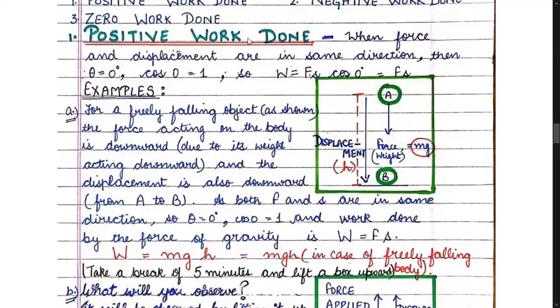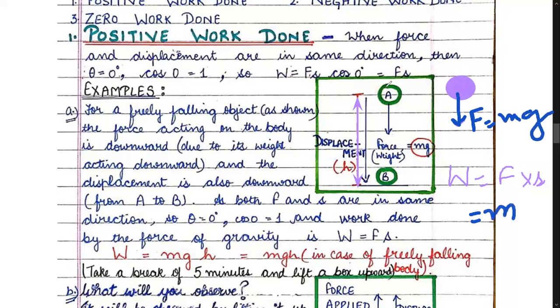So students, if you see a falling object, if an object falls from a certain height from A to B, then what is the work done by gravity? The formula of work done is force into displacement. Suppose when it is falling down, it is covering a distance of h meter, and a ball when it falls down will have a force equal to its weight, that is mg.